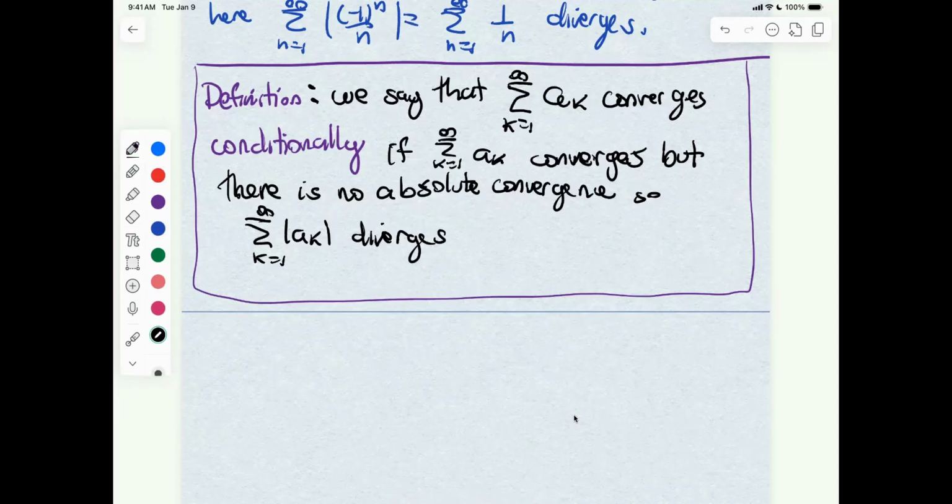Questions about this? So again, in a sense, absolute convergence is the best you could get, because if you have absolute convergence, then the regular series converges without absolute value. And conditional convergence is a somewhat good situation because at least without absolute value it converges, and the worst thing that could happen is that both diverge, right?